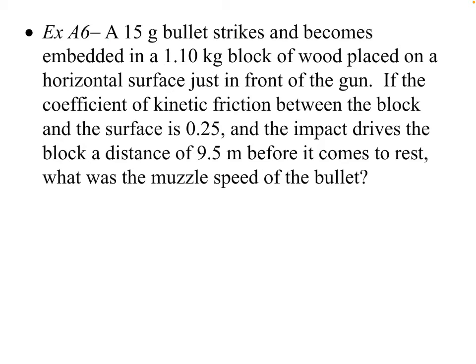So the bullet is projected out of the gun. And then as soon as it hits the block of wood, in that first millisecond before friction has been able to act, of course, the bullet rapidly slows down, but the wood block rapidly speeds up.